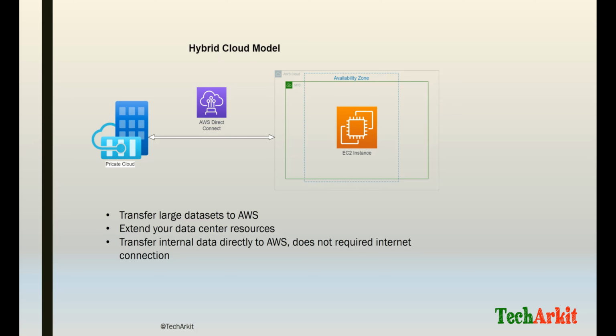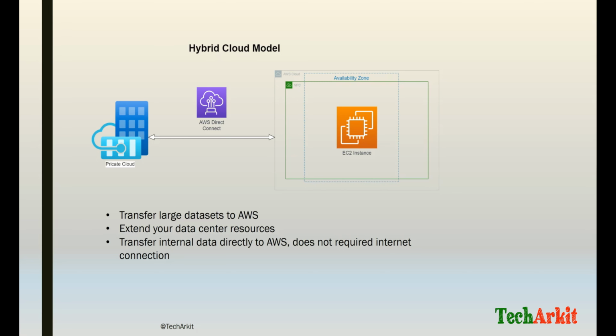Then that EC2 instance you can directly access using AWS Direct Connect. You can transfer data from there to here, or any service you can host on this EC2 instance, and you can access it from AWS Direct Connect. So that's the hybrid cloud model, and how they are connected using AWS.